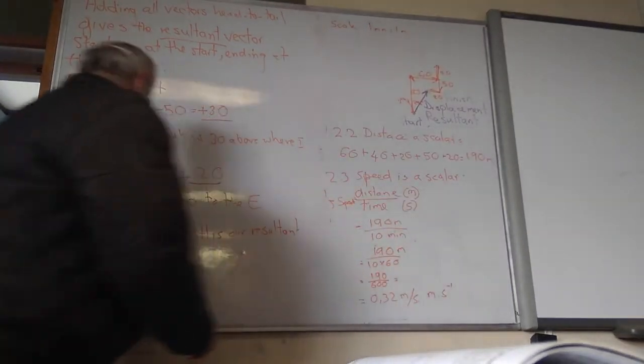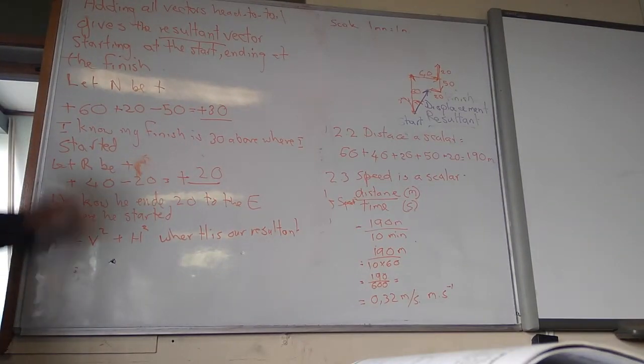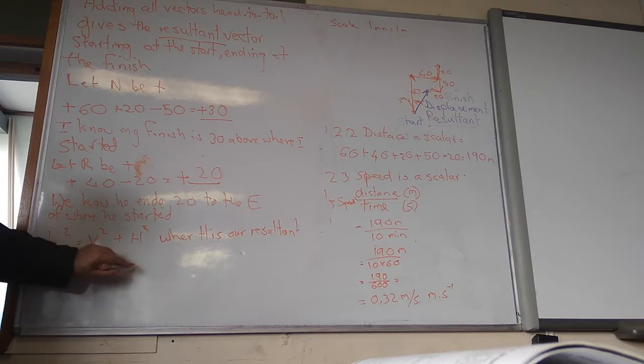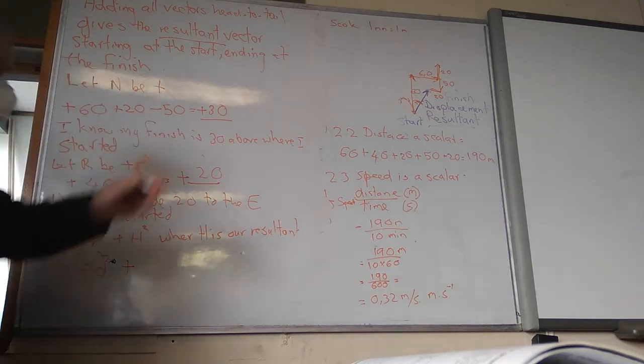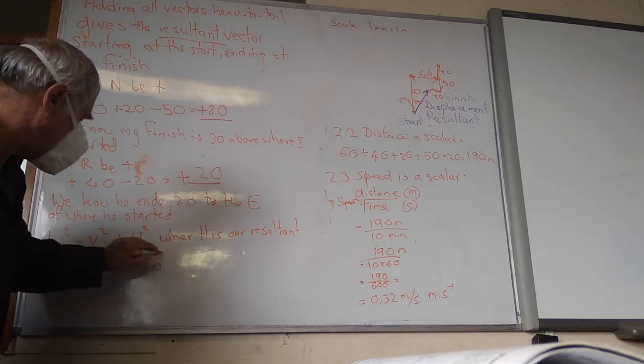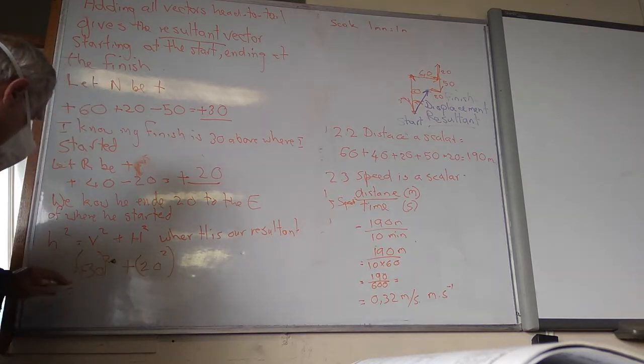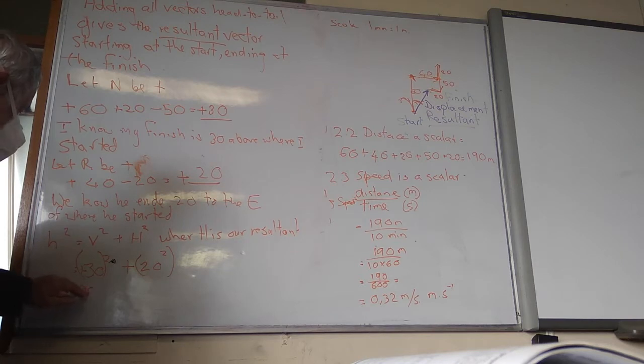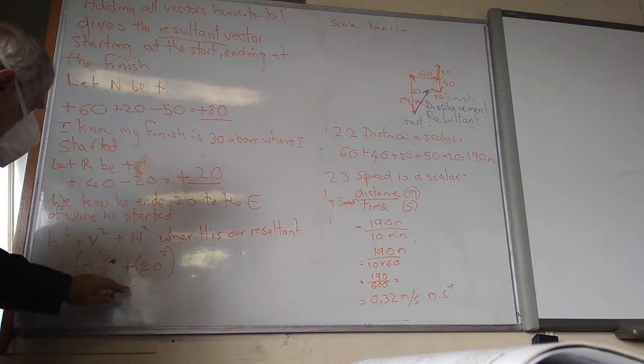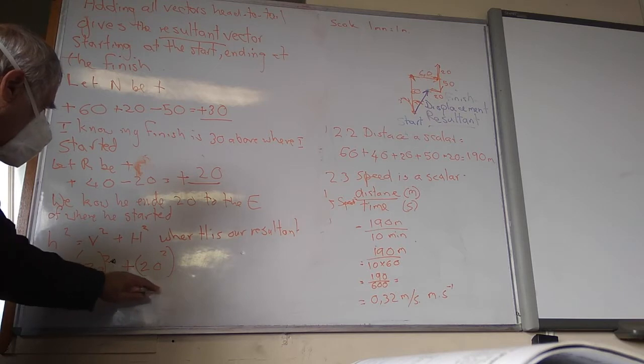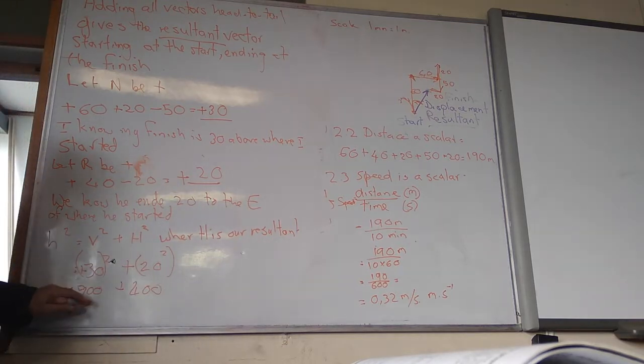Okay, so vertically he went plus 30 squared, plus he went 20 to the right squared. 30 squared is 900, plus 20 squared is 400, that comes to 1300, and therefore H is the square root of 1300.